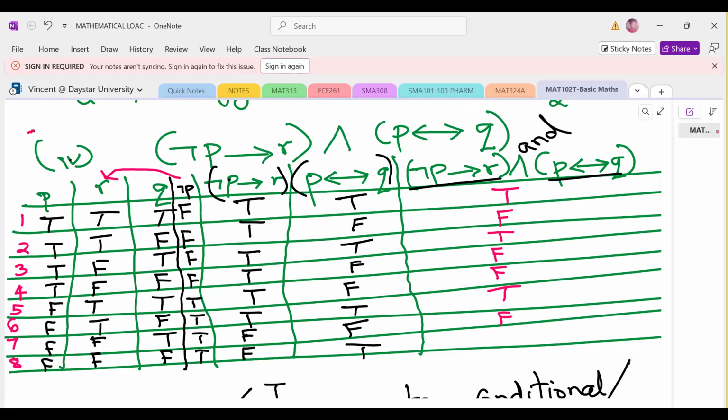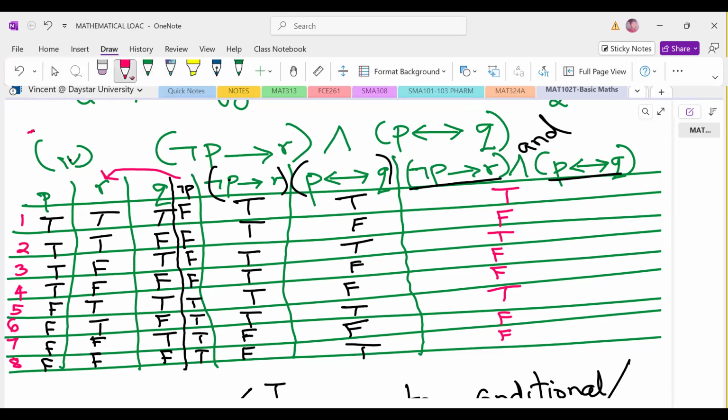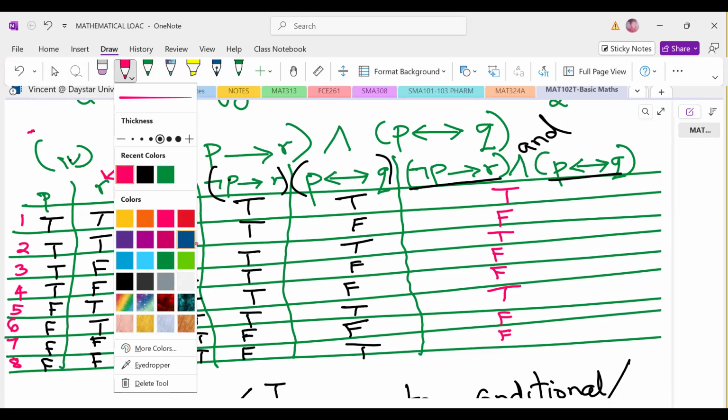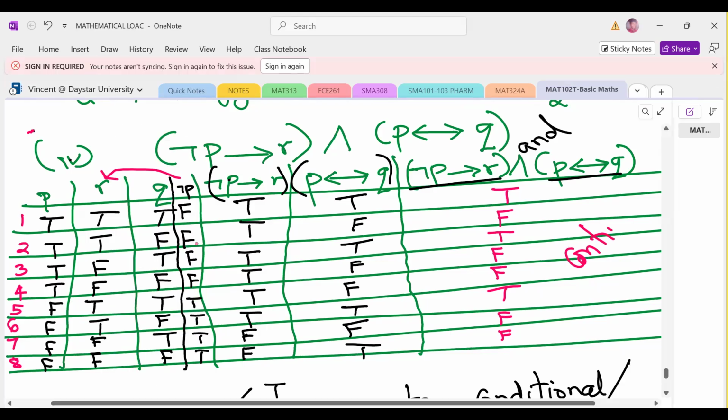Row 8, false or true? False, because there is an F here, right? So if you are to classify this, what will it be? This is a contingency, because there's a mixture of T's and F's, okay?